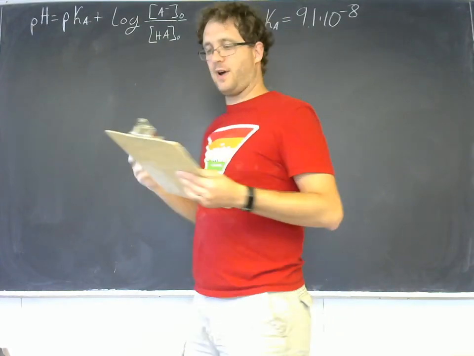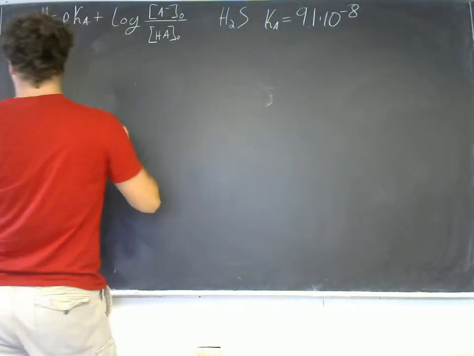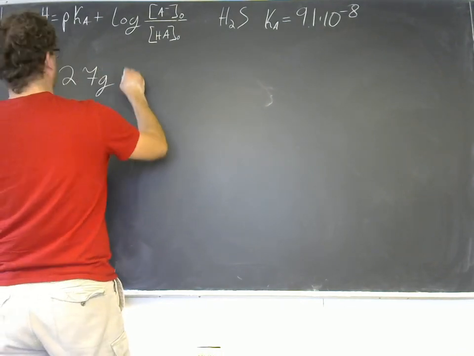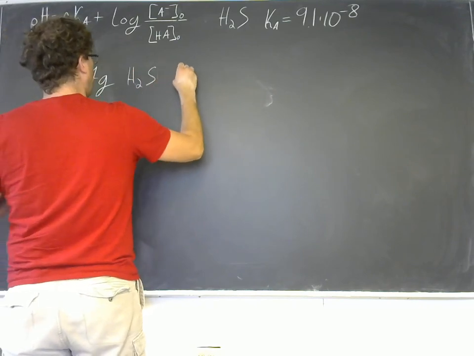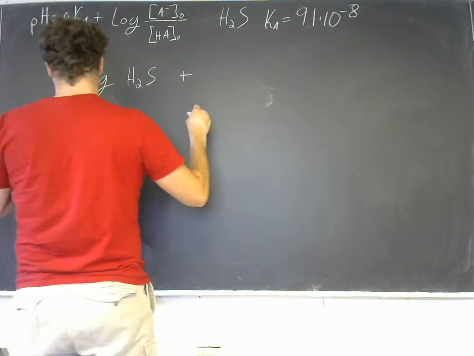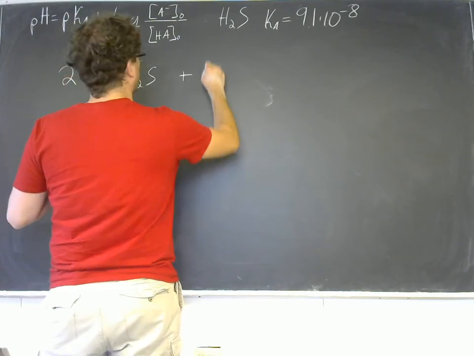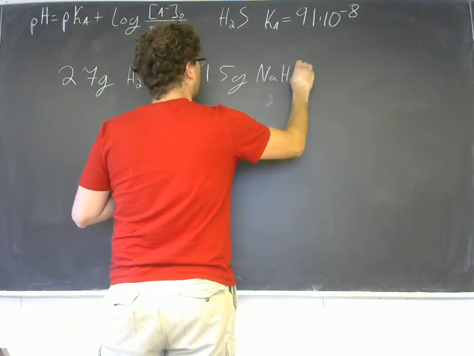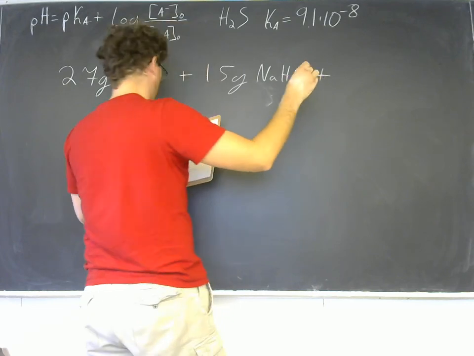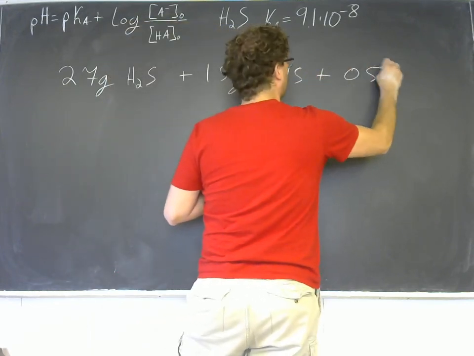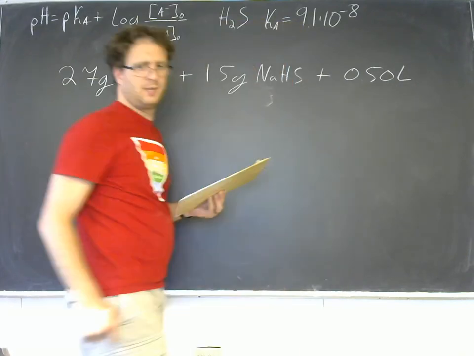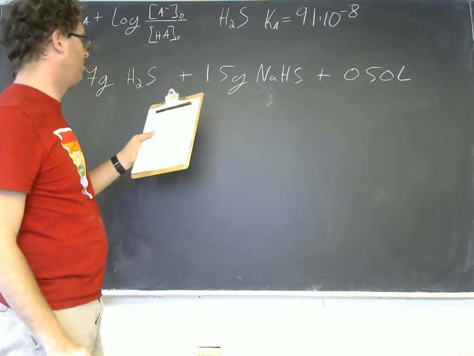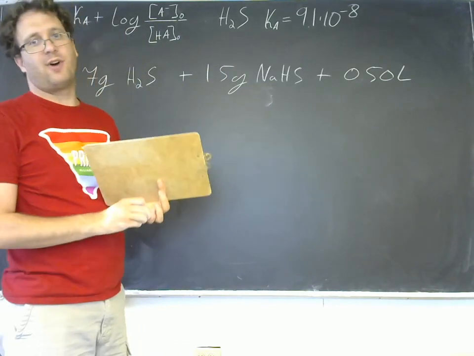And we want to find the pH of a solution if 2.7 grams of H2S are added to 1.5 grams of NaHS in a total of half a liter of water. Okay, so we have 2.7 grams of H2S, 1.5 grams of NaHS. We put them in 0.5 liters of water.